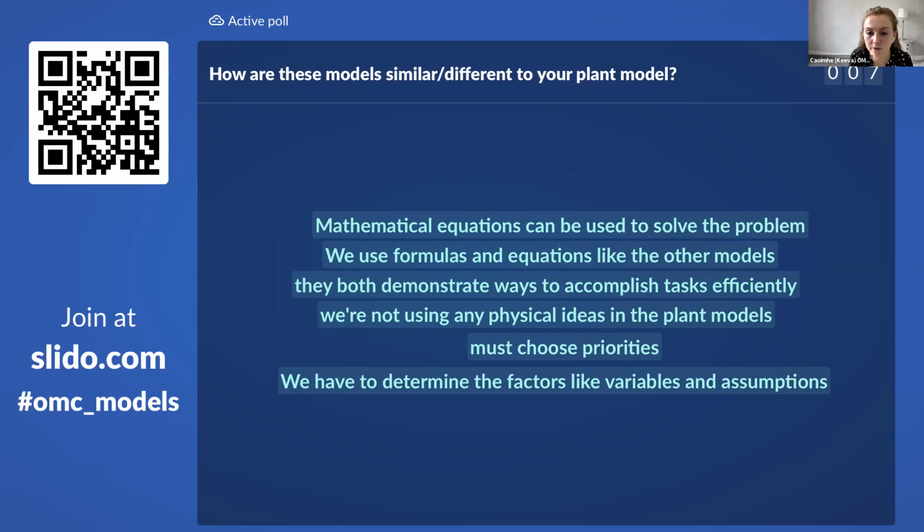The "must choose priorities" comment is a really good point, because I think we mentioned in all of the models that there are a lot of different complexities, and you sort of have to start at a simple point. You start with a simple model and build it up. For example, in my blender model, we originally thought it was going to be a lot of fluid dynamics, looking at how the fluid moves around the vessel, like Patrick was talking about.